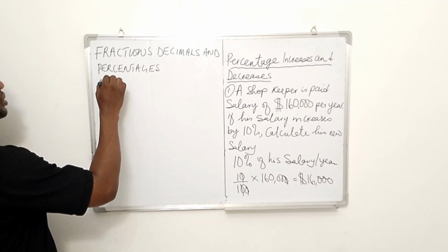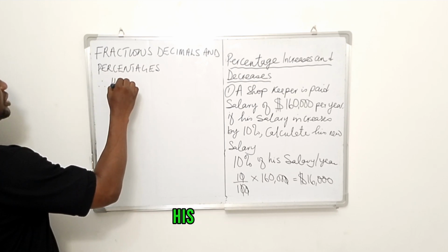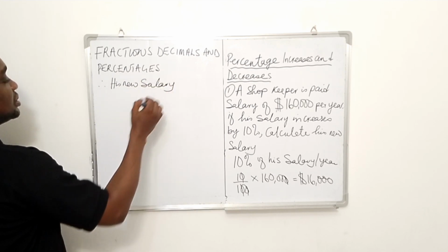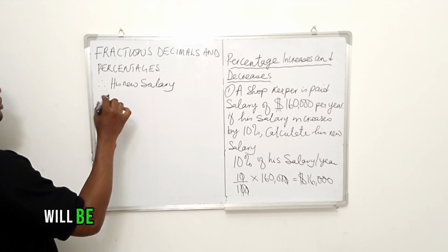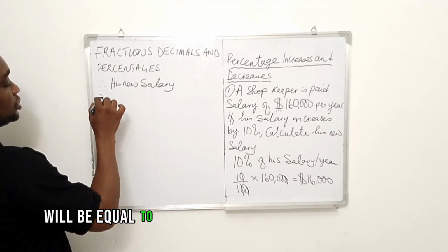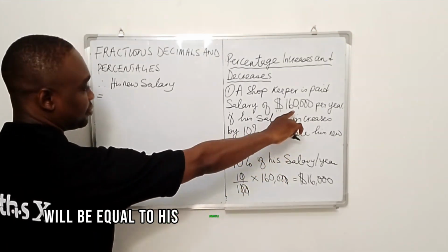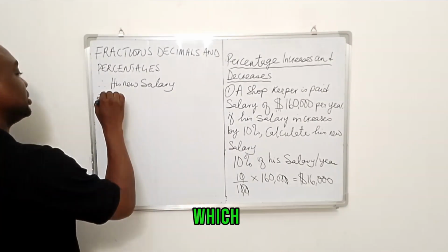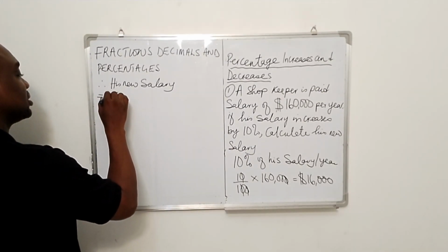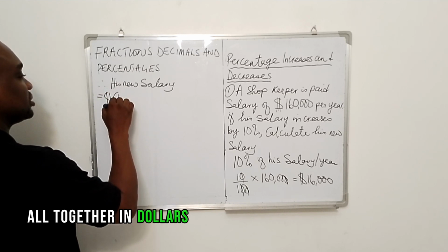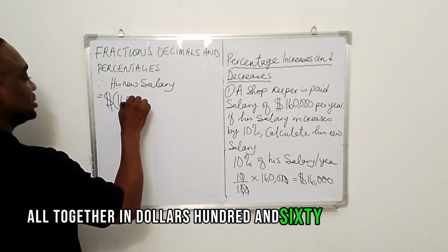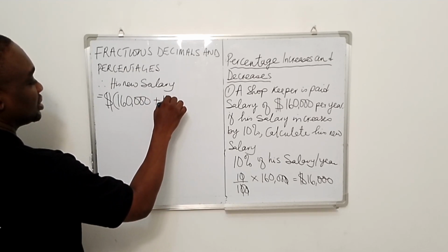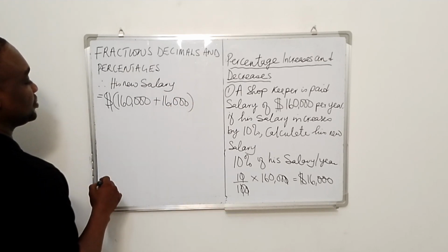Therefore, his new salary will be equal to his principal, as in his initial salary, which is altogether in dollars, 160,000 plus 16,000.